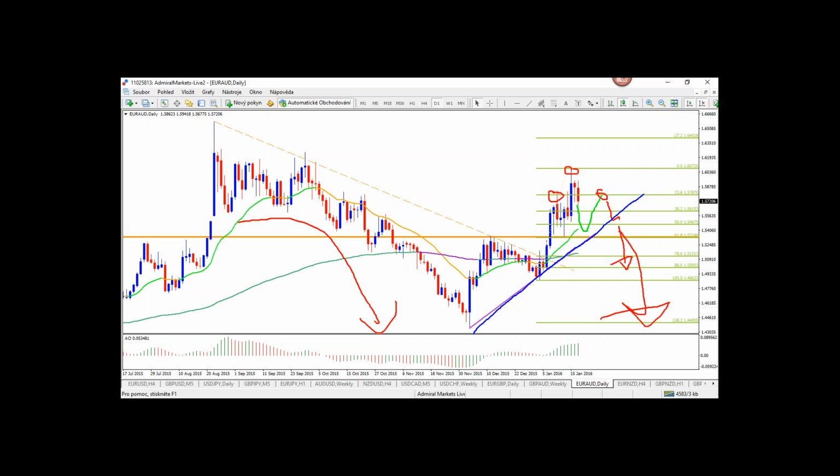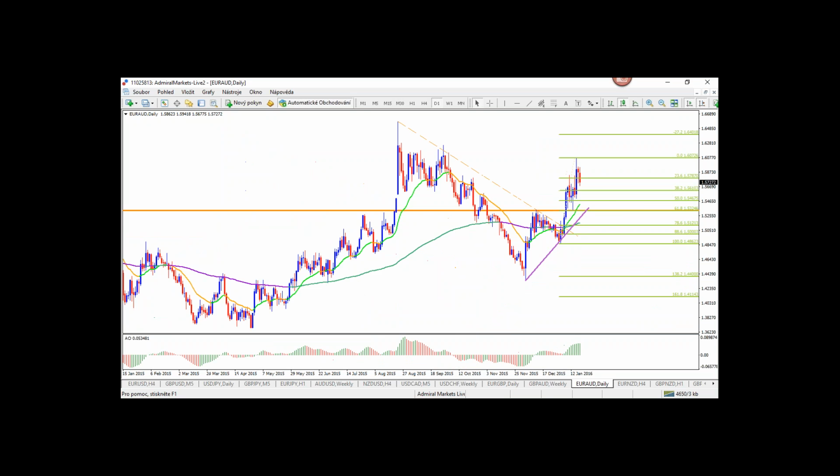So that's a potential scenario if we get that failure. That could be an interesting trade to the downside, I think. But not this week, as you can see. Next week, probably, if it indeed happens. Let me zoom out here a bit.